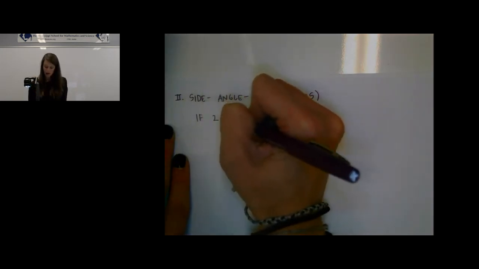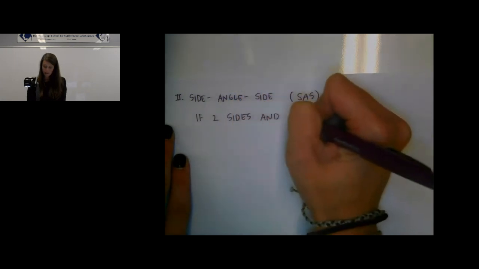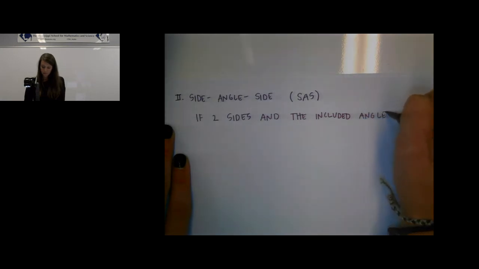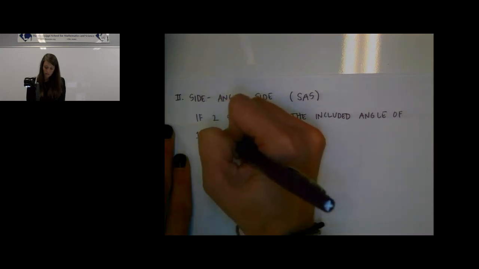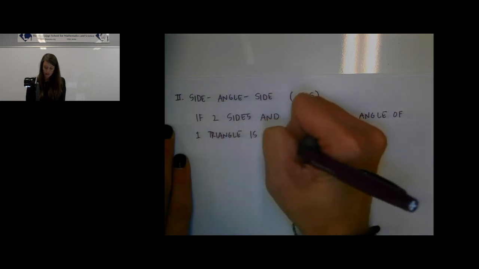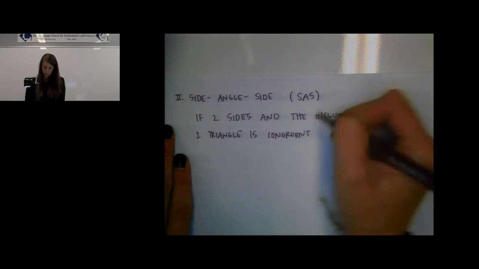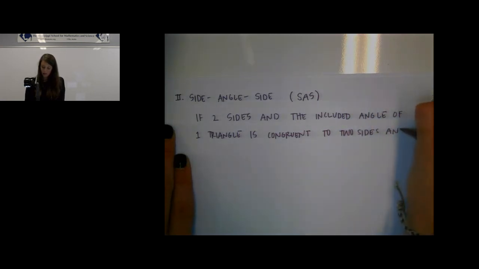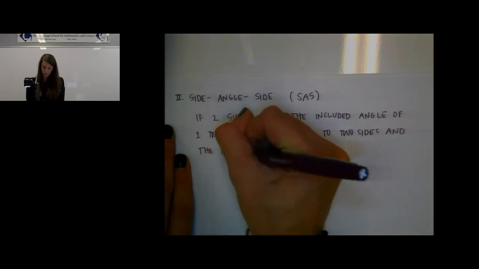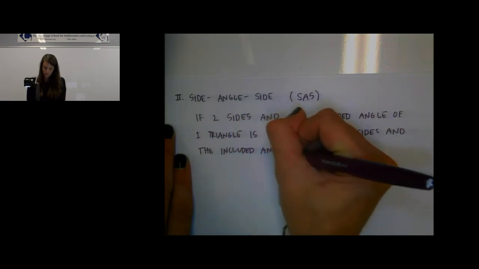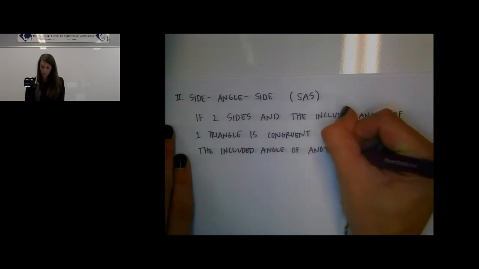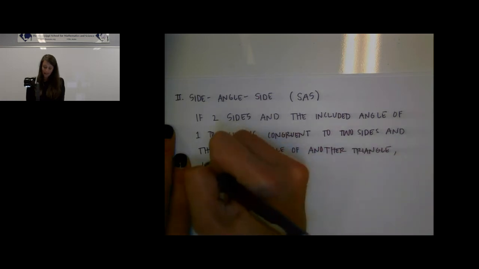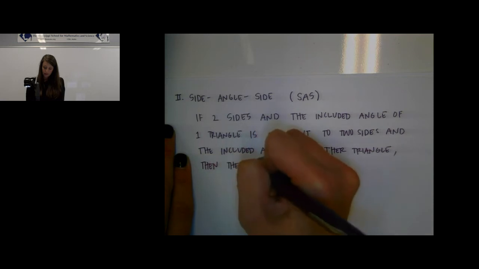If two sides and the included angle of one triangle is congruent to two sides and the included angle of another triangle, okay, then the two triangles are congruent.